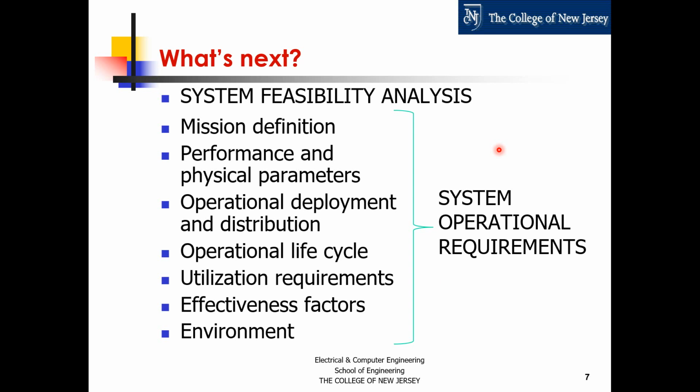Effectiveness factors and environment, but specifically to effectiveness factors, what we're talking about here is, for example, availability of the system. What percentage of the time must the system be up? And that may direct you to how you design things like perhaps redundancy, reliability.